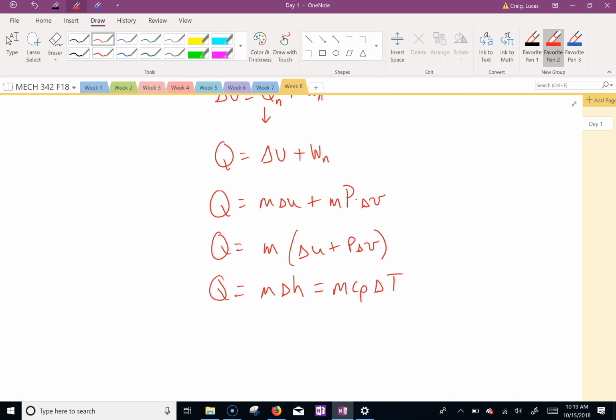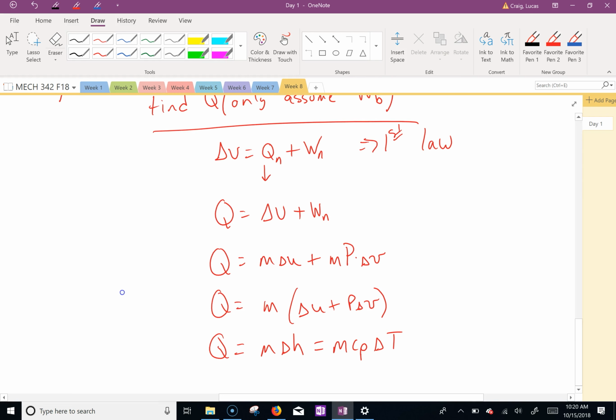That is one of the most famous heat transfer equations if your gas in a piston cylinder is expanding, looking at the net heat. But this is only valid if there's boundary work going out and you're looking for Q. So again, I'm just showing you this process.